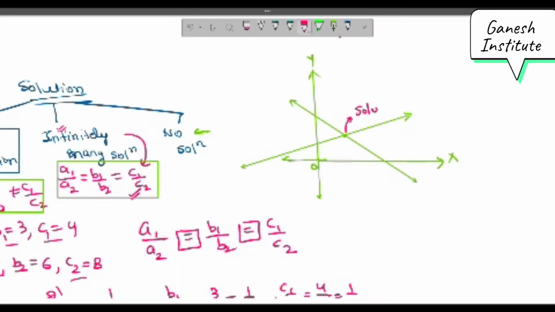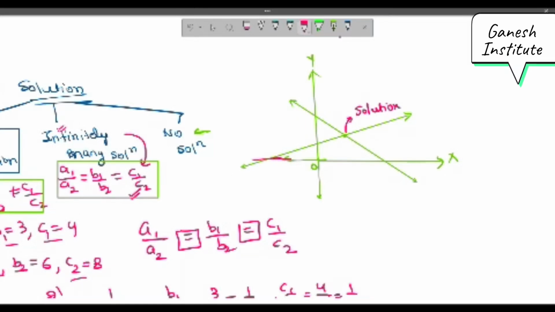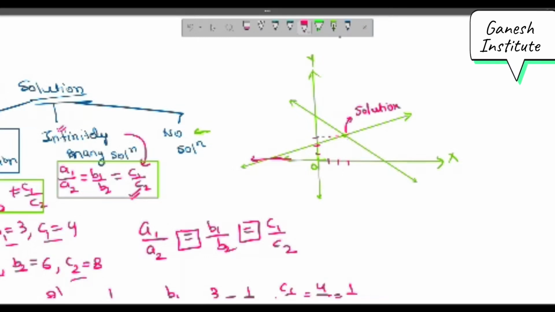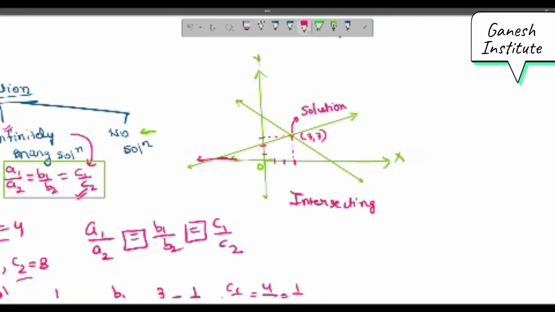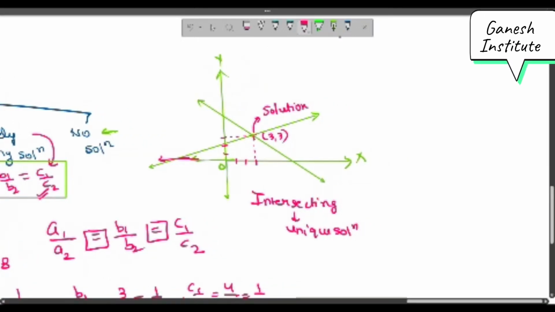That is your solution. So if lines are intersecting at one point, that is when they have a unique solution. And this is the condition when your ratios are not equal, okay?